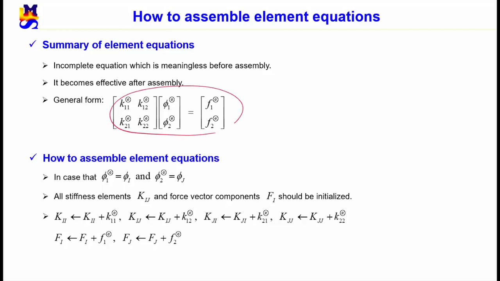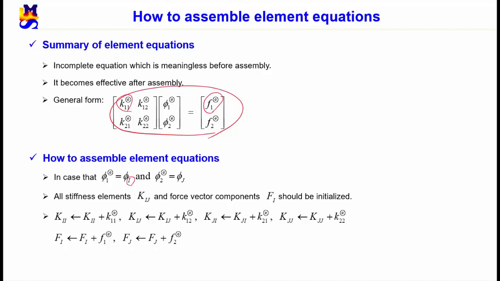This is the general form of the element equation of the problem we are solving now. All elements of the elemental stiffness matrix, denoted by small character Kij for element E, and all components of the elemental force vector, denoted by small letter Fi for element E, should be added to their corresponding elements of the total stiffness matrix and components of the total force vector respectively.